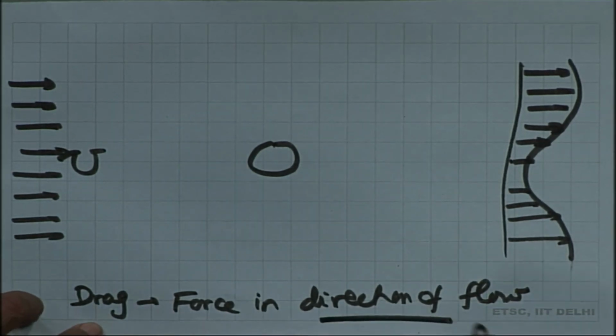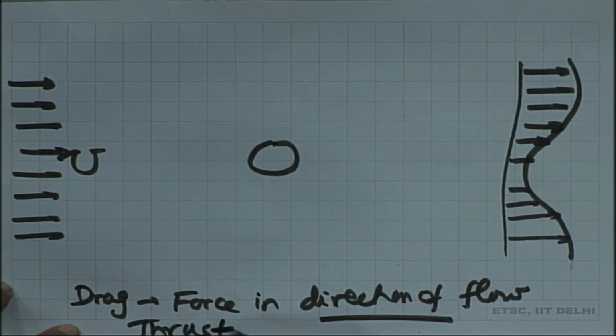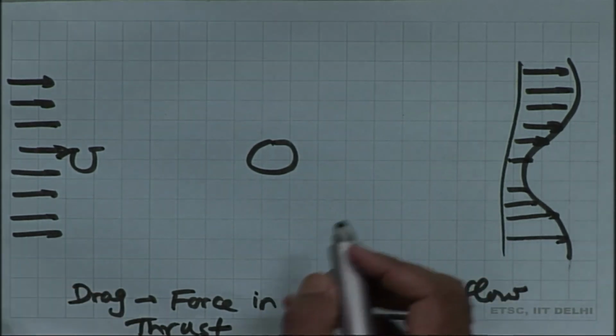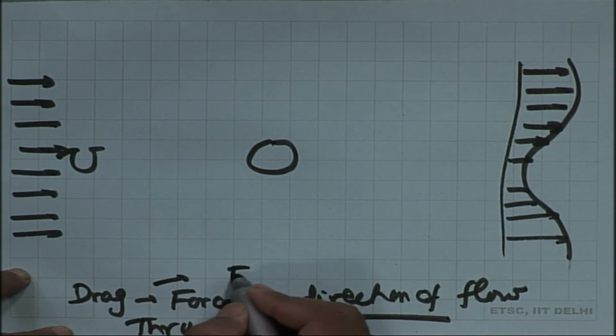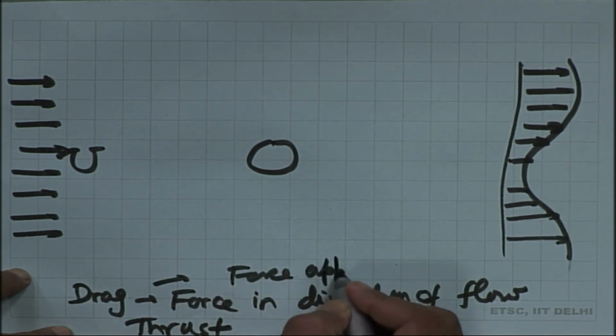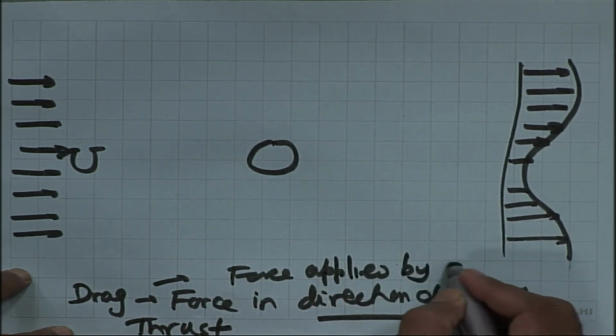So, in the direction of flow or opposing the direction of flow, the force is called drag. If it tends to stop the body, it is called drag. If it tends to help the body in moving, this is called thrust, and this force is force applied by the surrounding fluid.